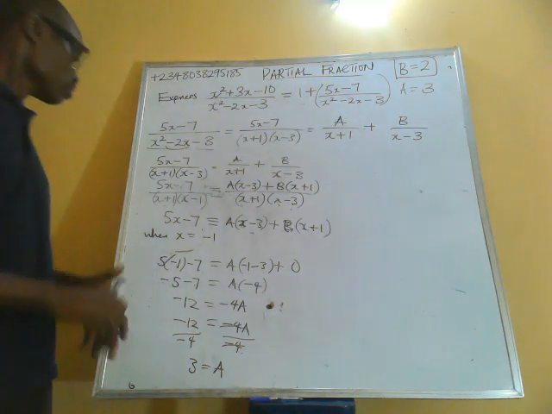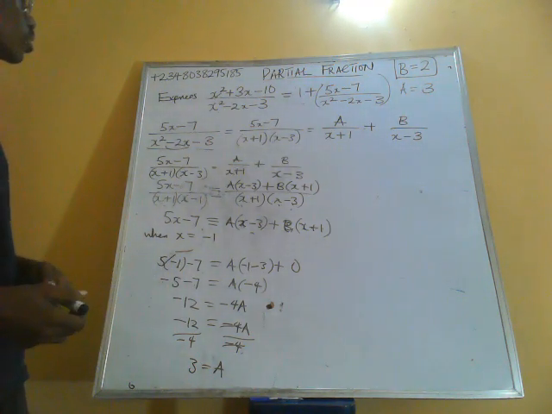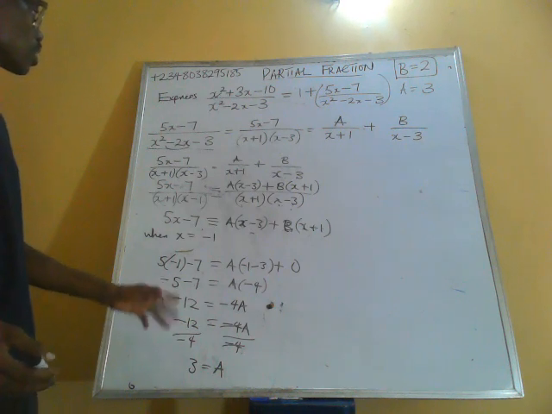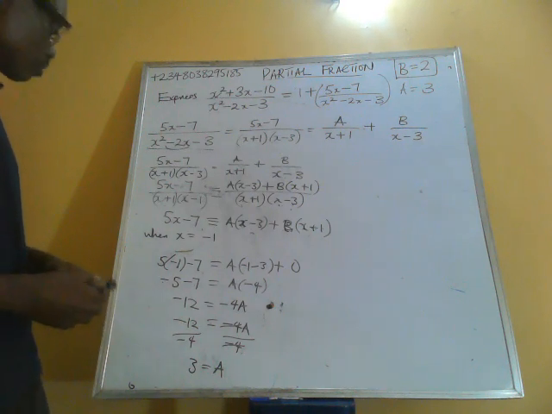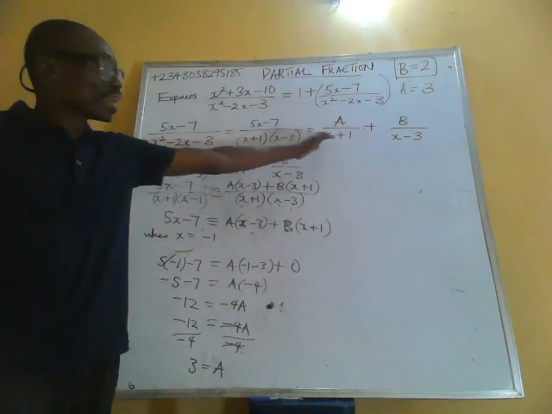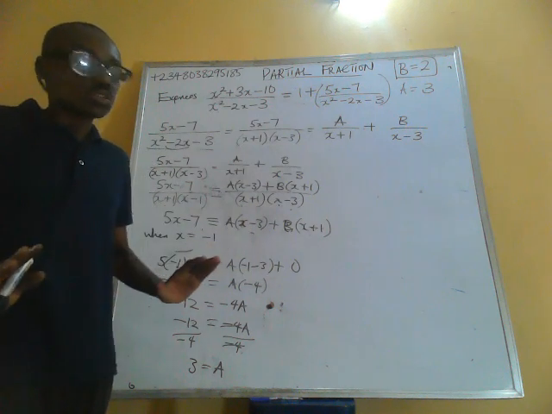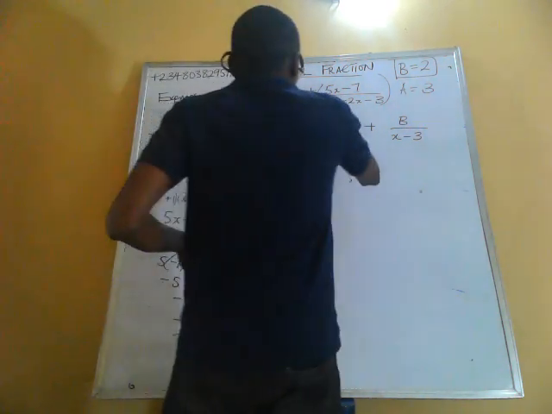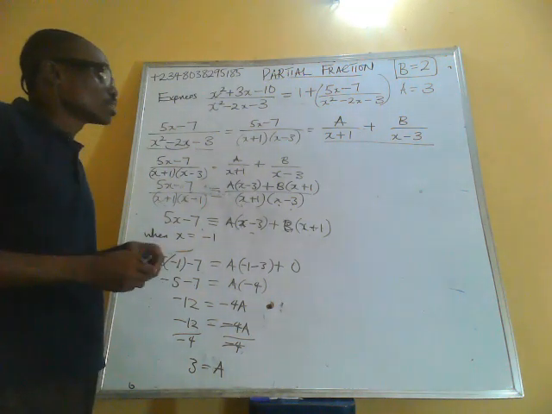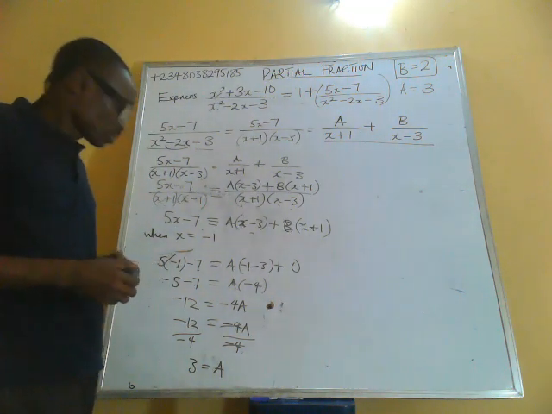Okay. So our a is equals to 3. So we'll come back here and put the values into this place. That a is 3, b is 2.